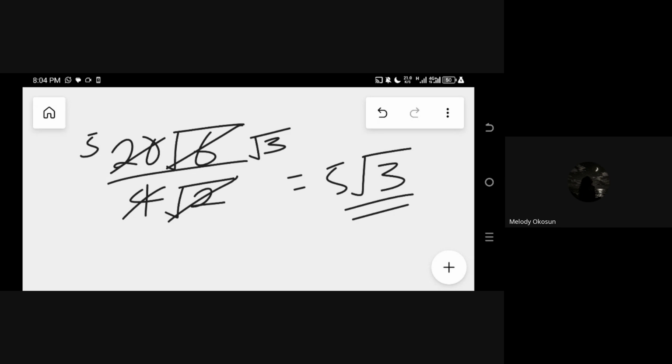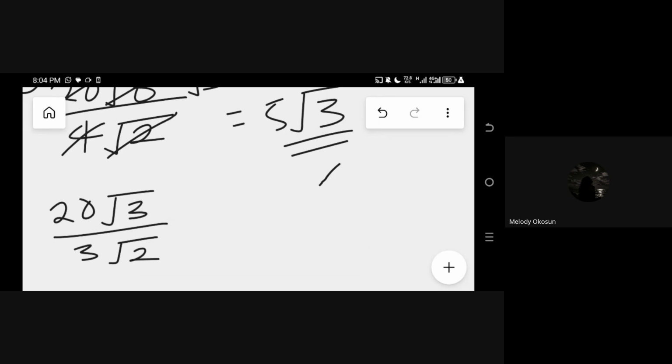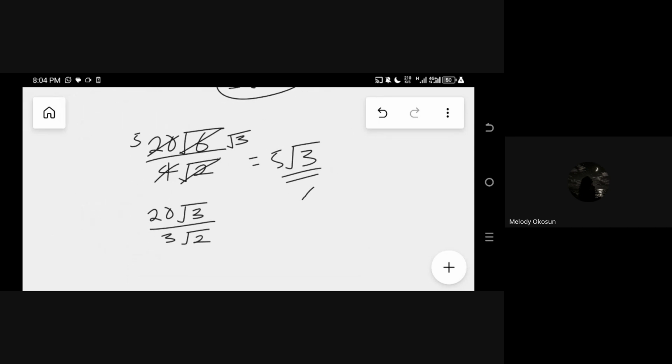So what happens when it happens to be, let's say, 20 root 3 over 3 root 2? You can see this question now. You can't do that. Look at both of them here.